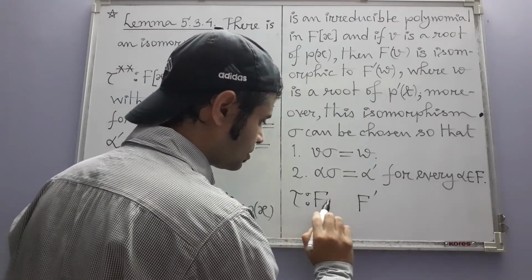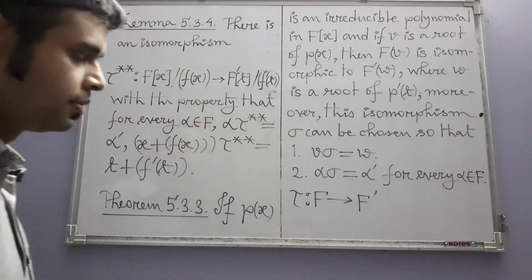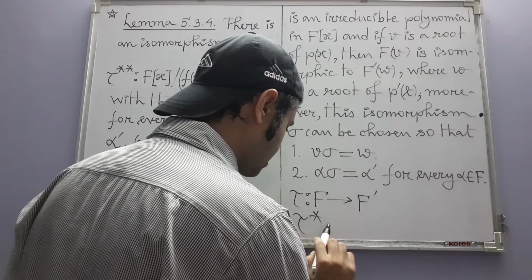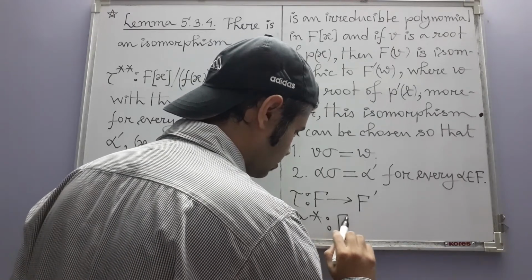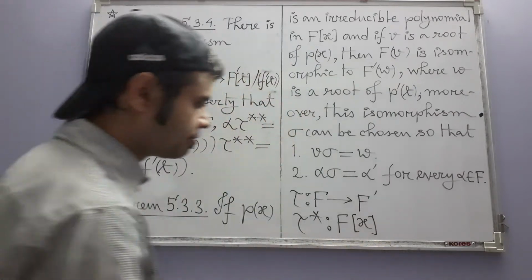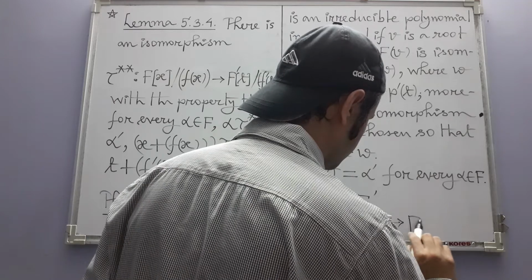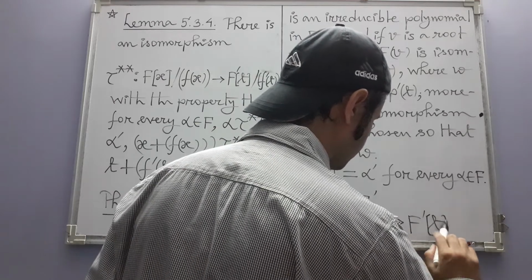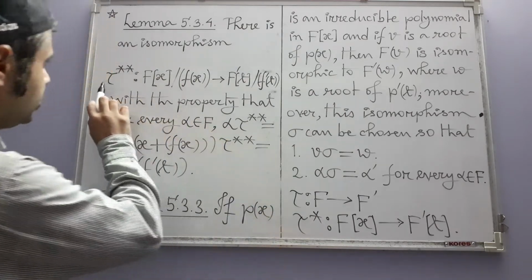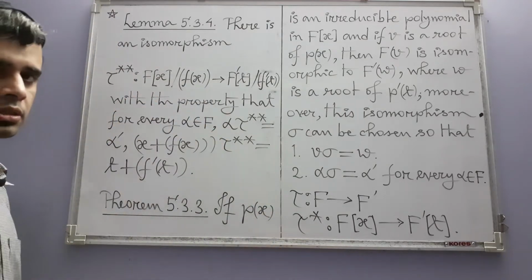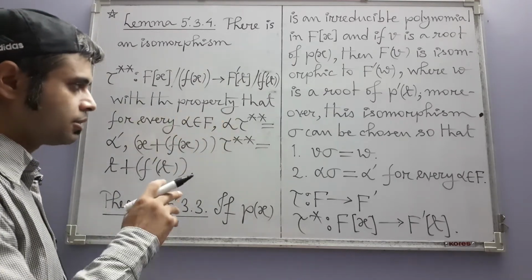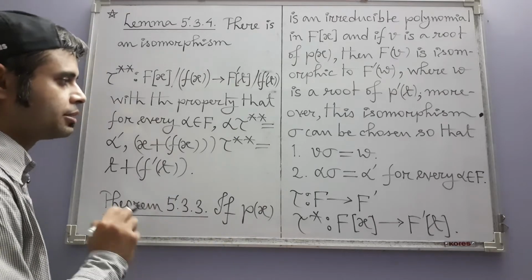Tau is an isomorphism from F onto F prime, and using tau we were able to set up an isomorphism tau star from the polynomial ring F[x] onto the polynomial ring F prime[t]. And then using tau star in turn we obtain this isomorphism between the quotient rings, and this isomorphism has these properties, which let us again briefly see.